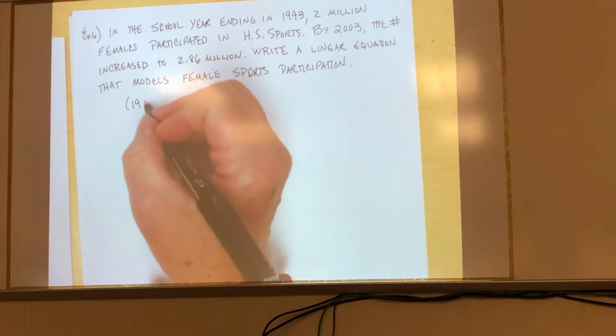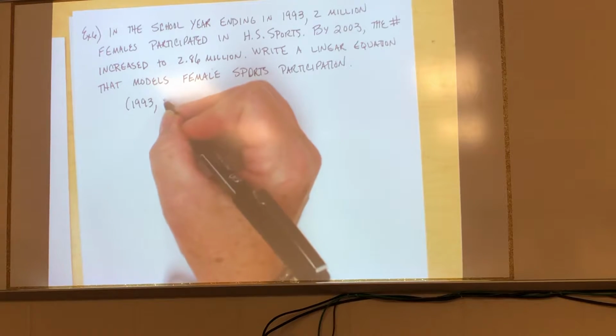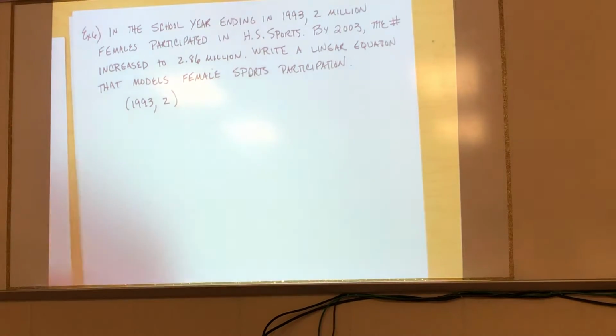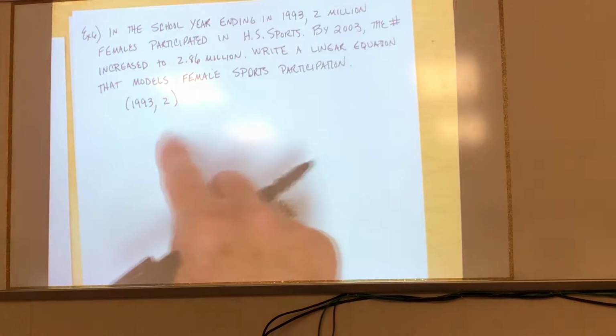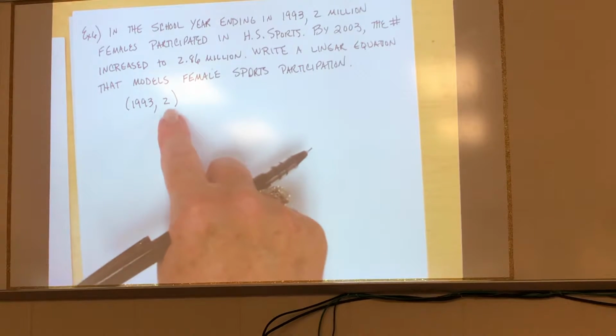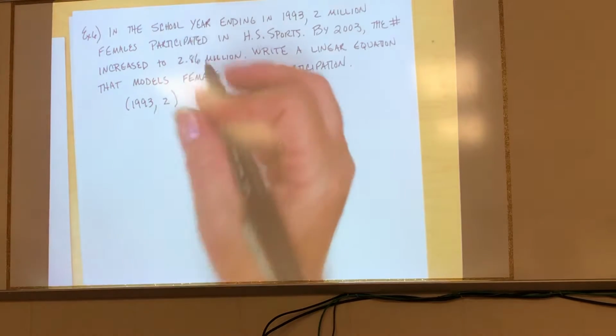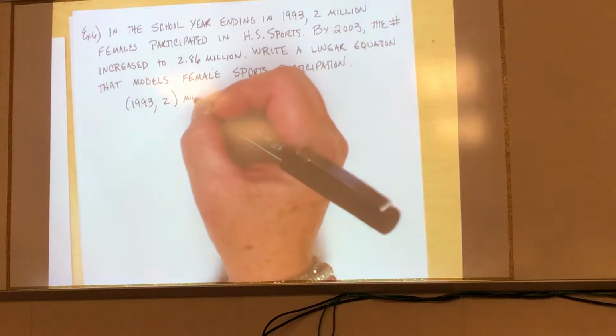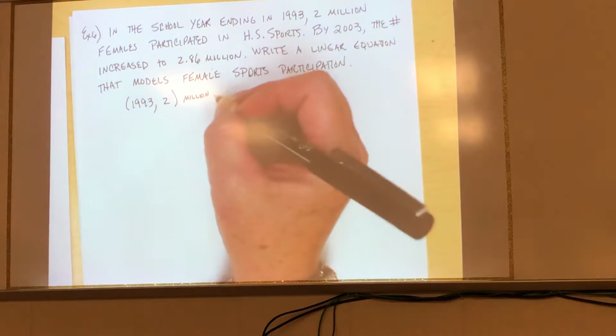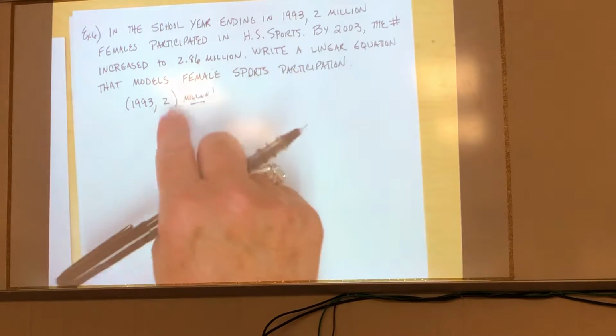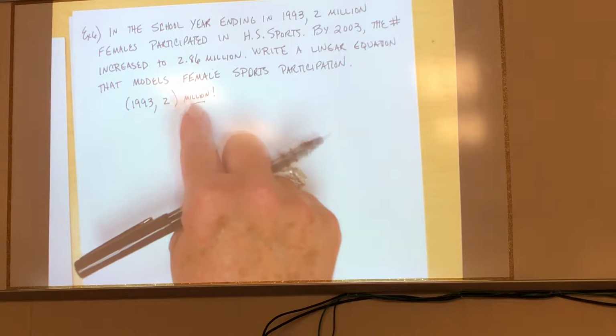Tell me what the first point is. 1993, 2 million. And then what's the 2? Is it okay to write 2? No. It is okay to write 2, but you do need to know that that 2 really stands for 2 million. Is there a difference between 2 and 2 million? Yes.